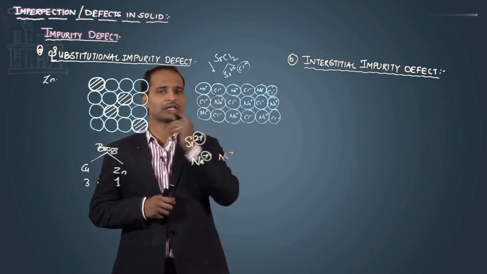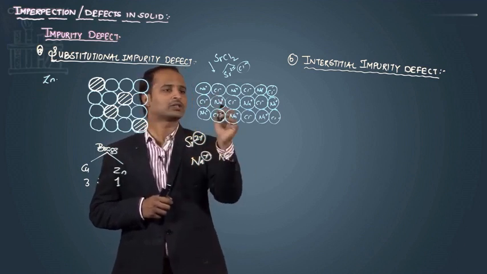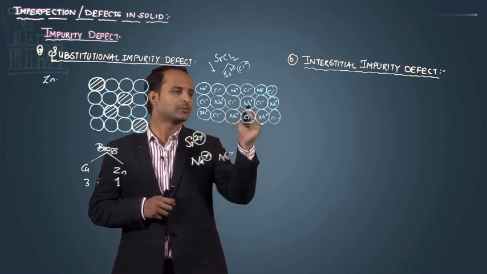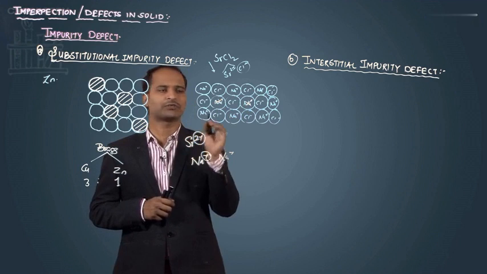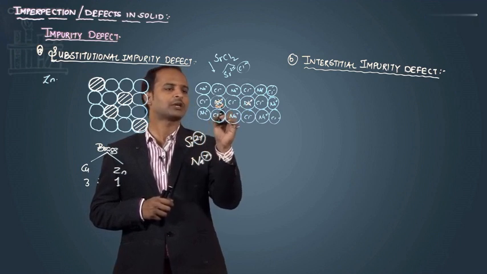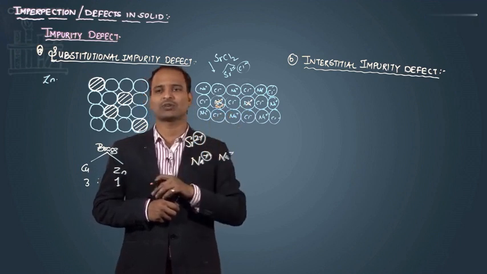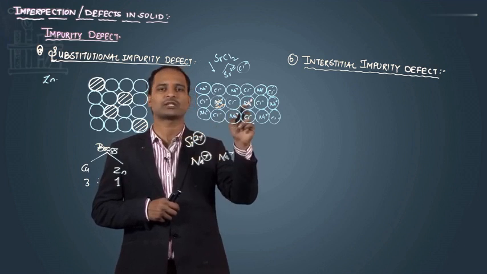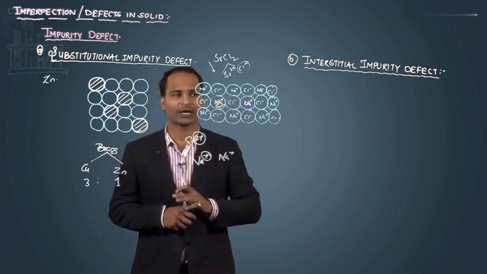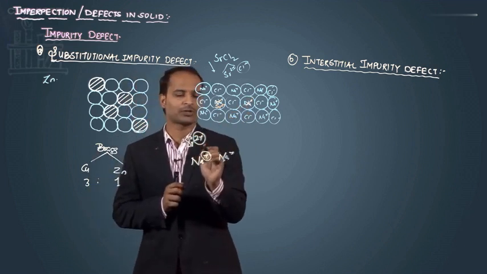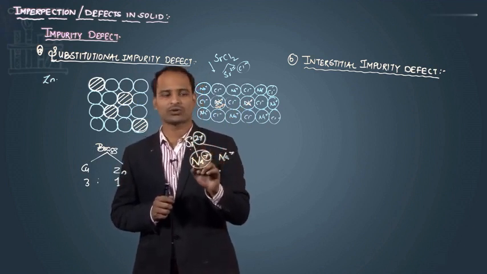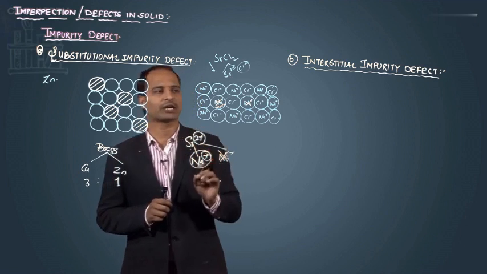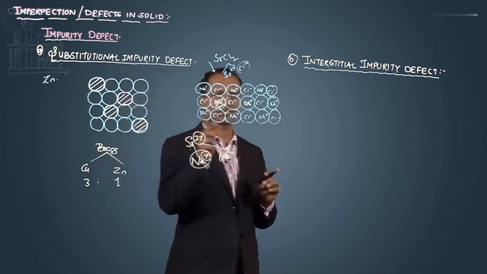So if I am adding a strontium ion, then 2 sodium ions will be replaced. Out of this, one place will be occupied by the strontium ion, but the other Na+ site will remain vacant. That means one strontium replaces 2 sodium ions, one space is occupied by the strontium while the other remains vacant.